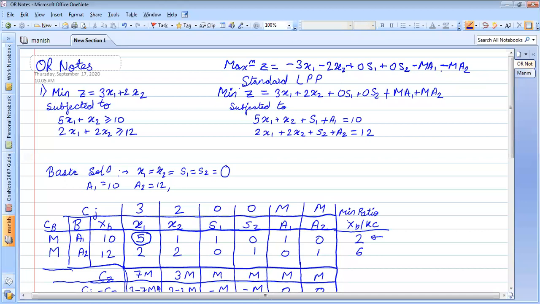If you remember, I said that in a maximization problem, the coefficient of artificial variable a is minus M, giving us a penalty. Similarly, if the problem is of minimization, then we will have the coefficient of a as plus M, which is exactly the multiplication of -1 on both the sides.